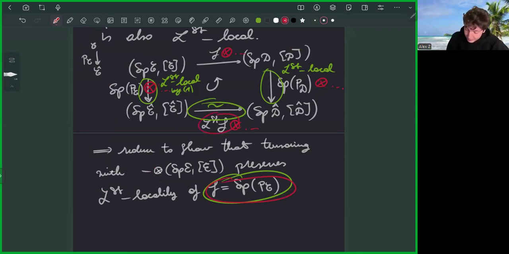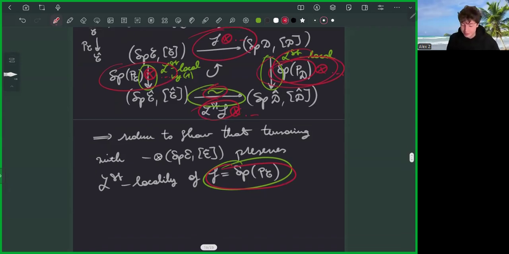So this here will always be an equivalence because this was an equivalence to begin with. And if the claim holds for this thing here, being stable under tensoring, then this whole thing will be LST local and this whole thing will be LST local. And therefore we have a composition of LST local things. So this thing here is also LST local. So this will prove the general claim.